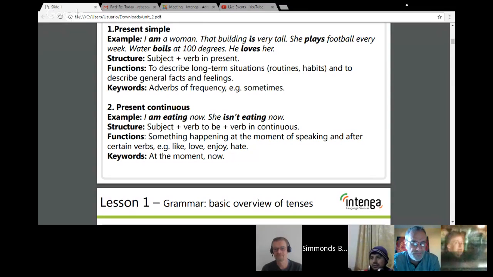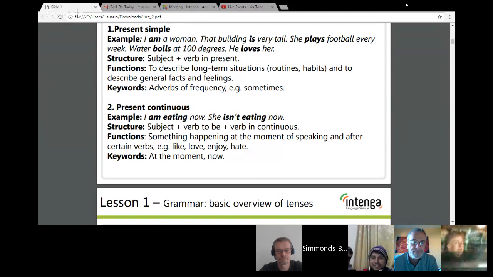Of course, in this moment we are using it in the present, but it has other functions. Exactly. Different uses, different ways.